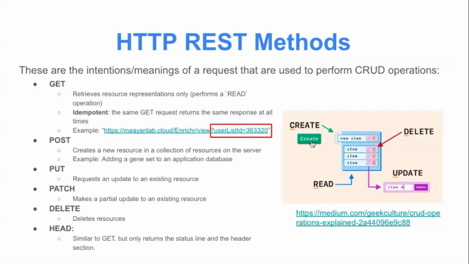Patch requests, on the other hand, are used to make only partial updates to an existing resource. Put requests must contain the whole representation of the resource that we would like to update.